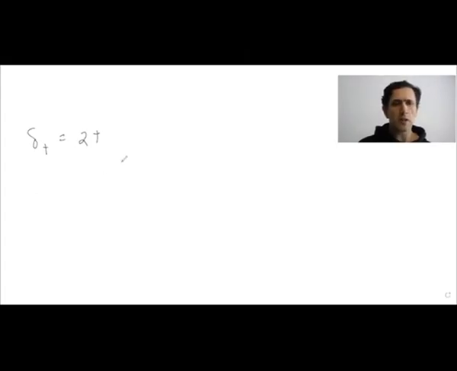Well, actually, before I just dump into the formula, let's just do the integration. So I'm going to do 0 to t delta t dt. So it's 0 to t 2t.